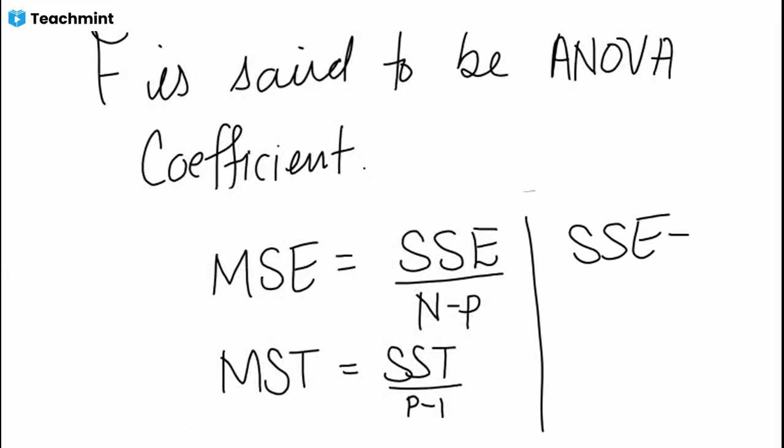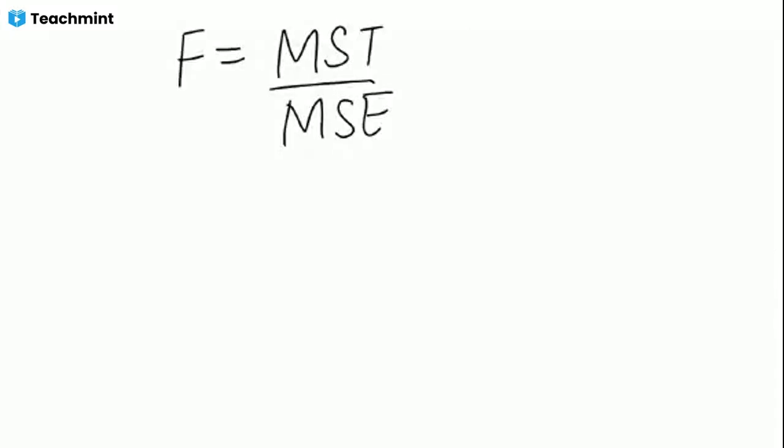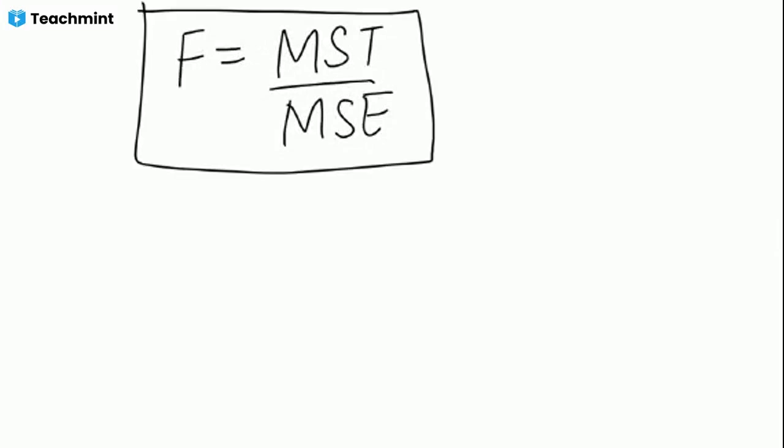SSE is equal to summation n minus 1, and we need to find s.